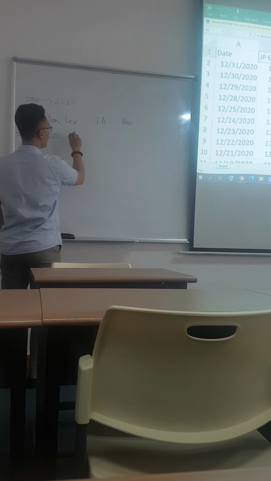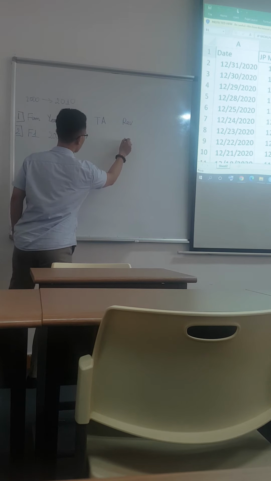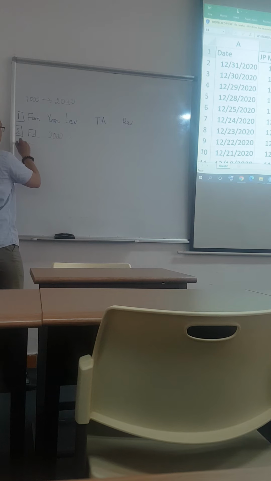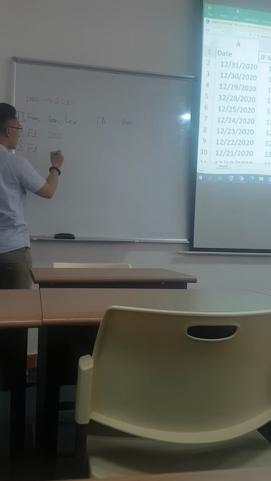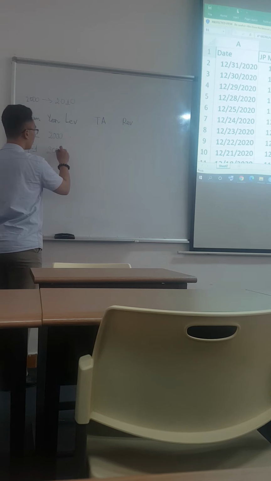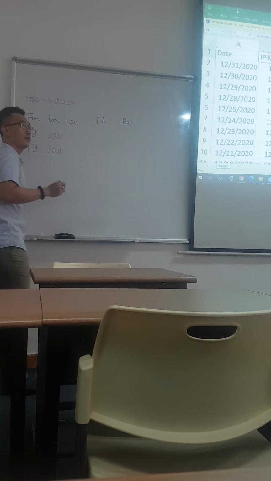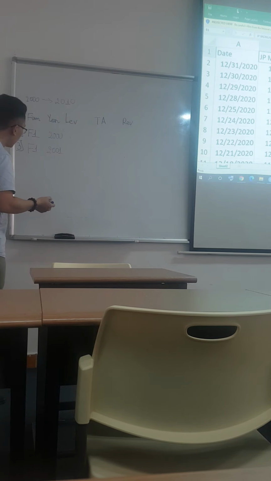Then some values for leverage, total assets and revenue. And it goes down to the third row for the second year, 2001, followed by the values of that year.